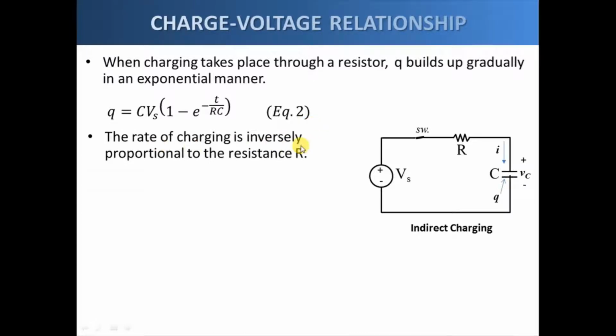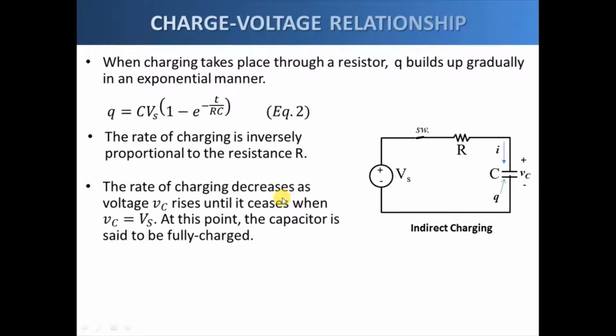The capacitor is still being charged, but in an exponential manner, and the rate of charging is actually inversely proportional to the resistance that is in series with the capacitor. Meaning that the larger the resistance, the slower the charging of the capacitor will be.